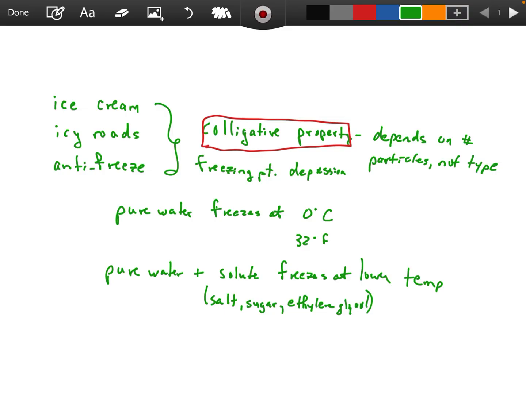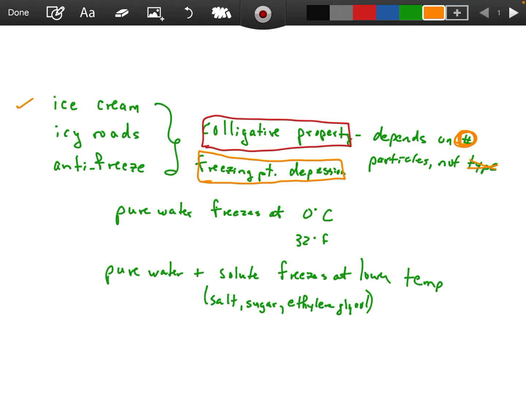And a colligative property is any property that depends on the number of particles. How many particles are there? It doesn't matter what the type of the particle is, it simply depends on the number of particles. And we're looking at a specific colligative property, freezing point, and we're going to call it freezing point depression.